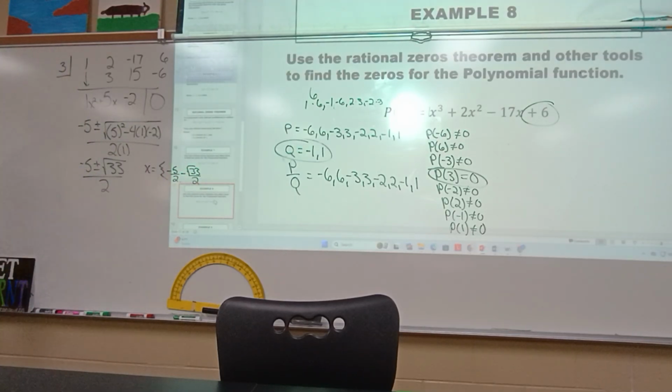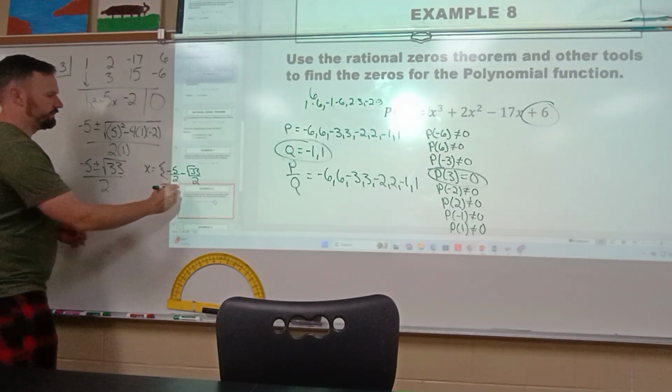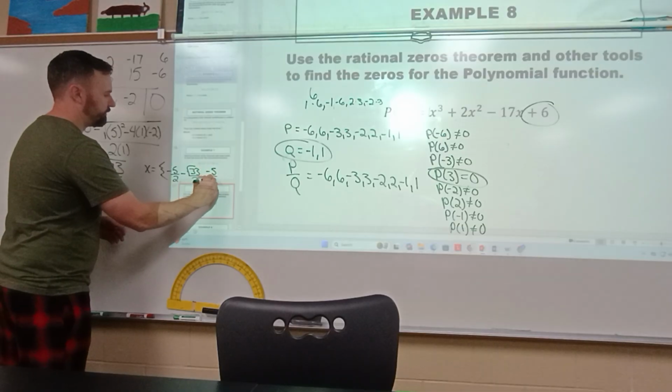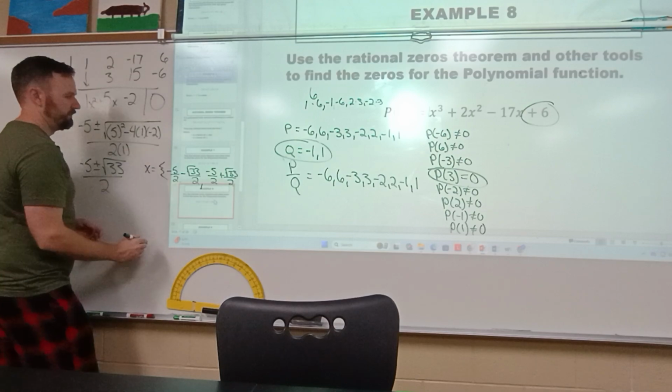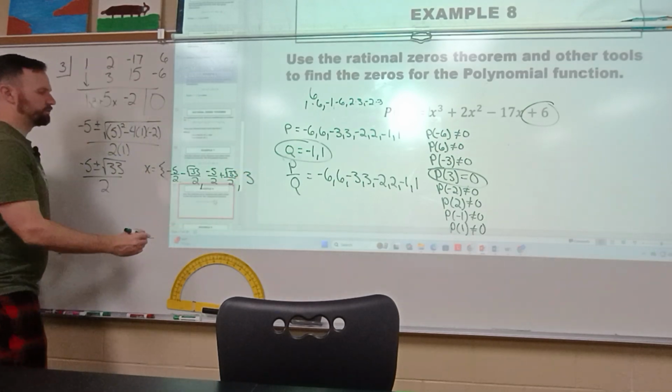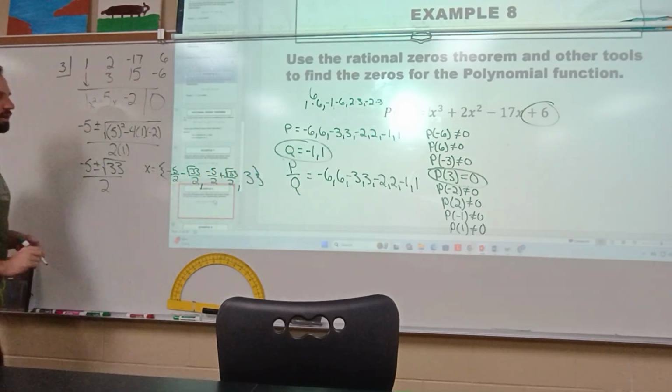Whatever that decimal is, right? Like you're going to have to plug in a decimal. Or you could just plug it in and do it. Negative 5 over 2 plus root 33 over 2. And then 3. Those are the 3 solutions to that beast.